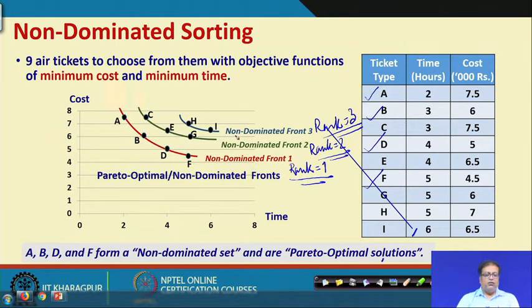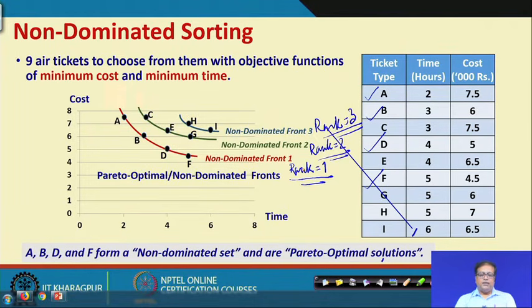So, by non-dominated sorting, the method will be explained through an example in the next lecture, but here we can see that A, B, D, F are the front one and their rank will be 1. So, for going from one population to the next, A, B, D, F will have first priority because they are of higher rank, rank 1, and C, E, G will be next priority with rank 2, and H and I will have rank 3.